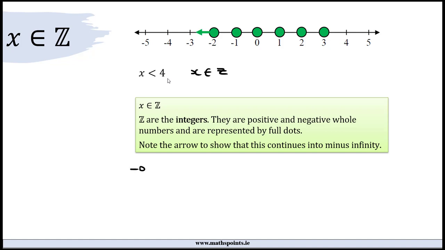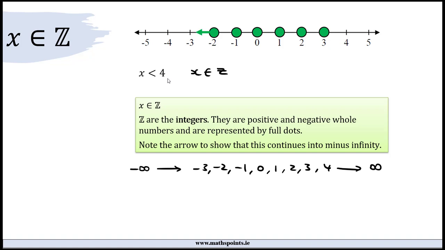So starting at minus infinity, and then all the negative whole numbers as far as 0. So we come along and we get minus 3, minus 2, minus 1, 0, and then we have all the positive numbers, 1, 2, 3, 4, etc., as far as plus infinity. Again, we're not including any fractions or decimals.